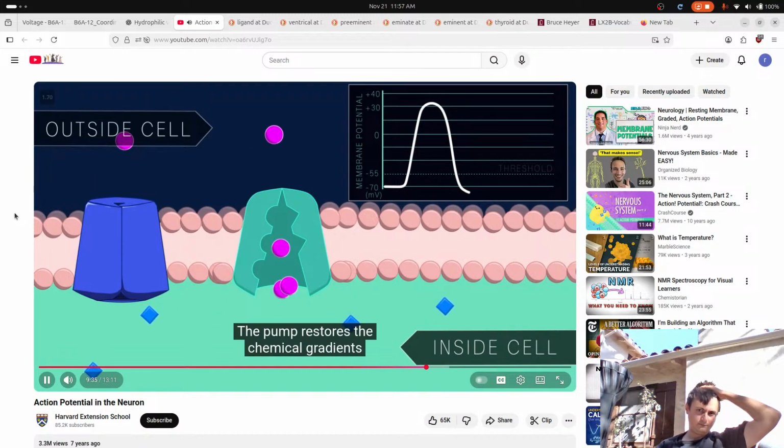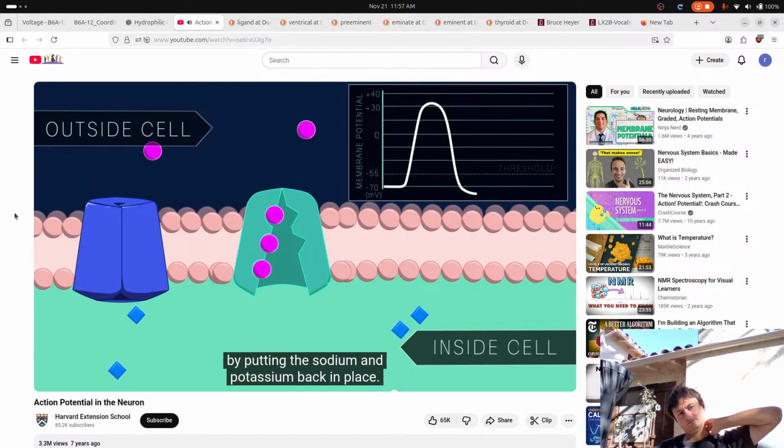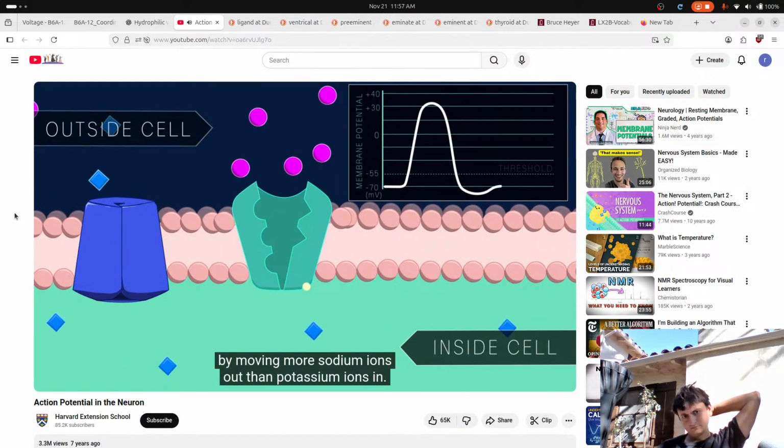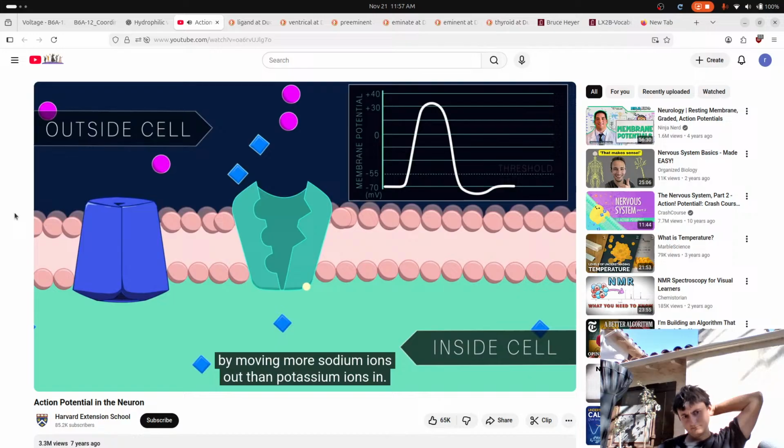The pump restores the chemical gradients by putting the sodium and potassium back in place. And the pump reestablishes the potential gradient by moving more sodium ions out than potassium ions in. This returns the membrane potential back to its resting potential.